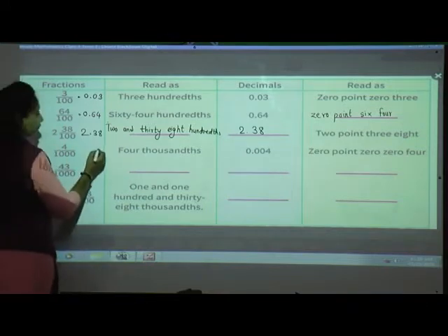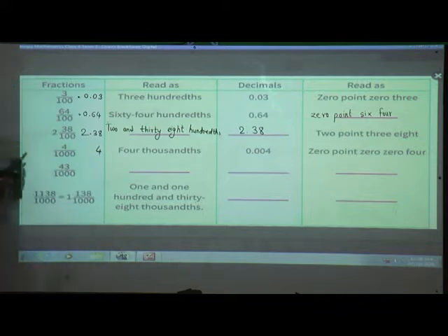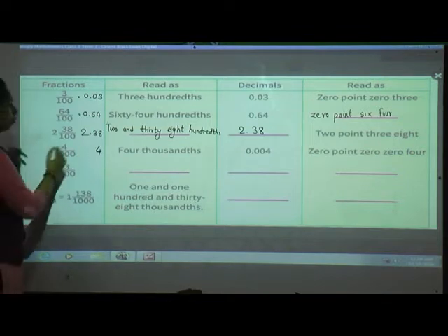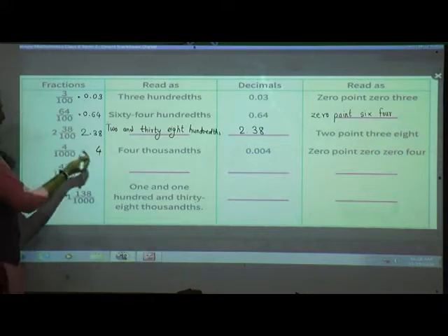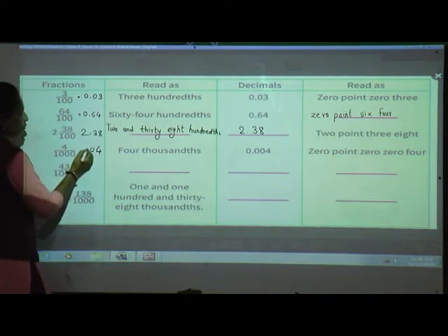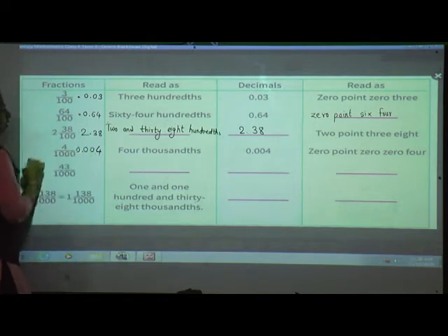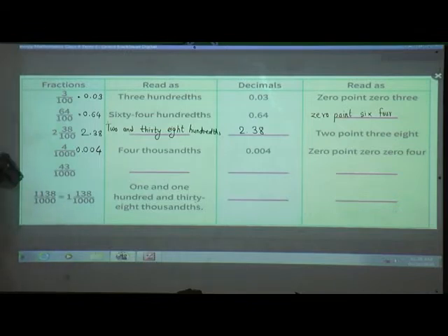Now see, the fourth one, they have given the full answer, 4 upon 1000. So write 4 as it is, 1 is followed by three zeros here. How many zeros are there? Three zeros. So we have to give the decimal point from right to left after 3 digits: 1, 2, 3, point. Are you getting?